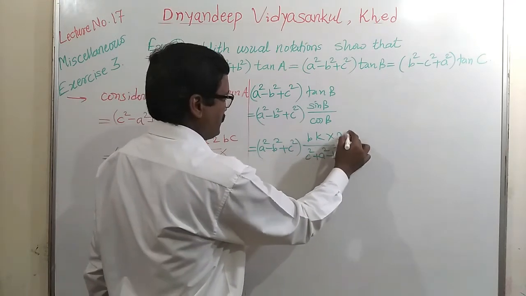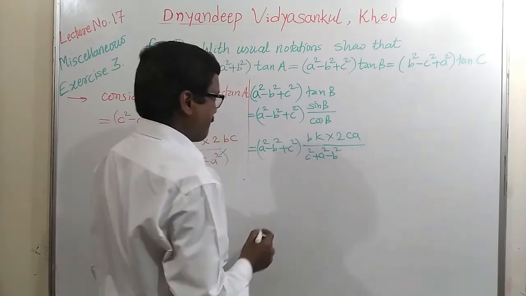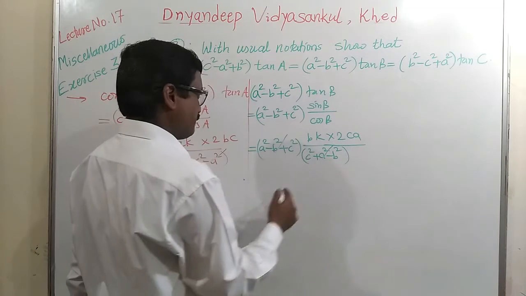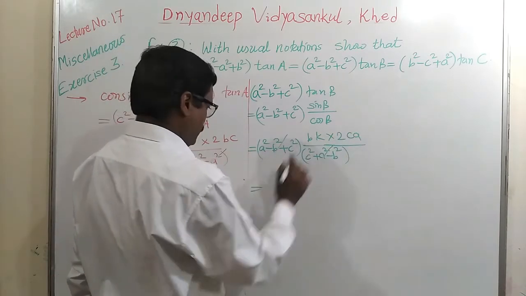I am writing that twice ca or ac here. Once again this bracket gets cancelled. Remains twice abcK.